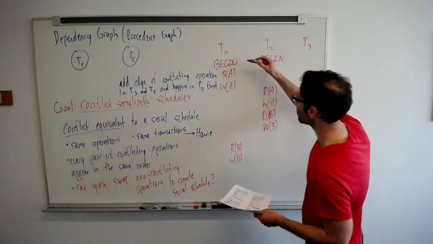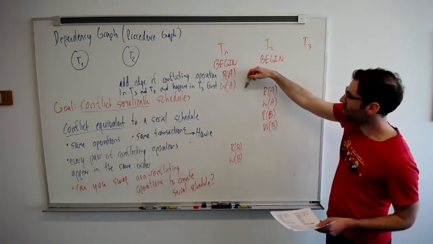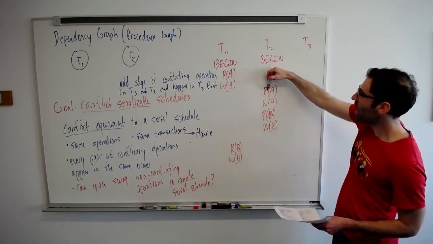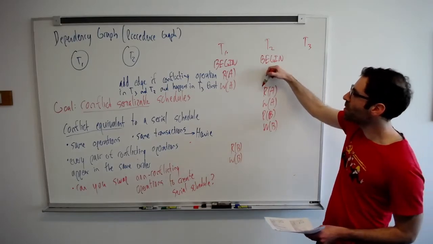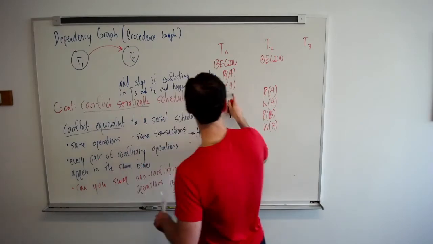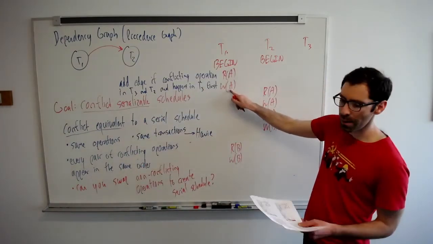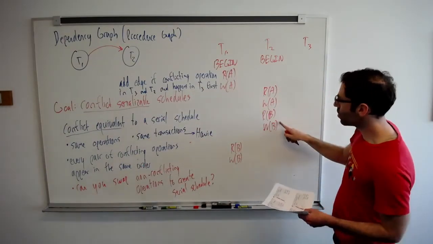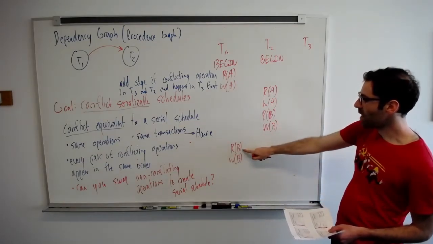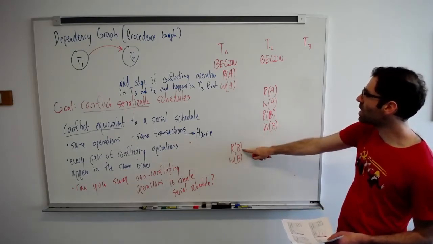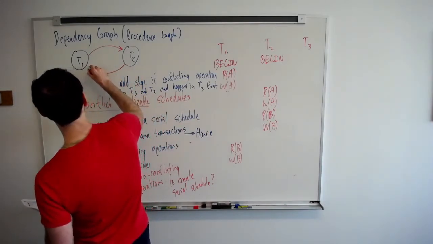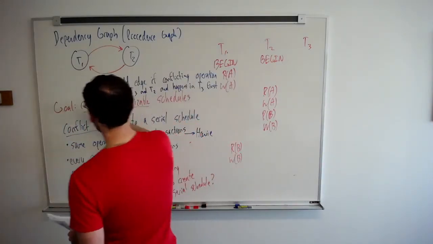There's a conflicting operation, say a write to A in T1 and a read to A in T2, and so we draw an edge from T1 to T2. There's a conflicting operation on A, and it happens first in T1. Then we can look at B. There's a write to B and then a read to B, first in T2 and then T1. So we add an edge back here.